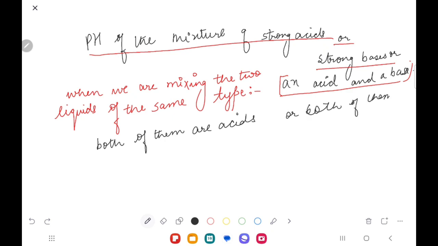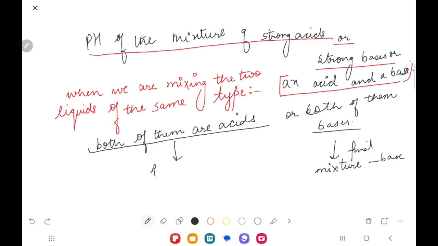Now, when both of them are bases, the final mixture shall also be a base. When both of them are acids, the final mixture must also be an acid.